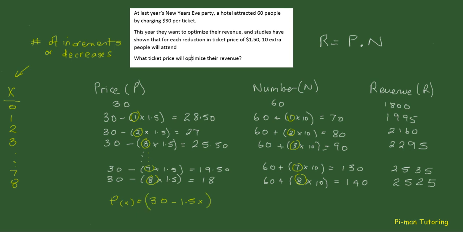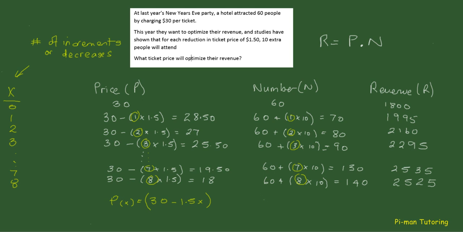Because every expression in this P column can be expressed in this form, substituting the value of x in the first column for this x in the formula. So this is a general expression for the price as a function of x.